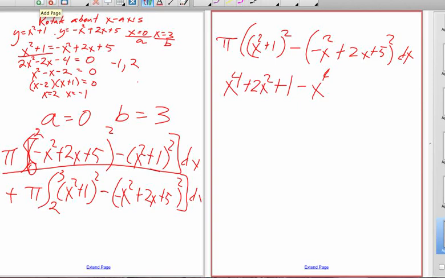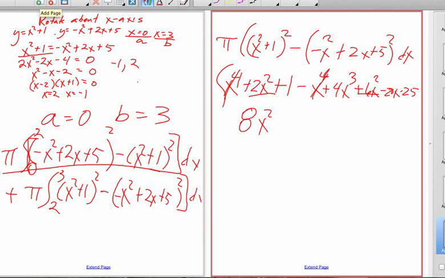I have a plus x to the 4th plus 4x cubed, a minus and a minus, plus 6x squared minus 20x minus 25. And then I'm going to integrate all these things. These things are going to go away. I'm going to combine my like terms, so I'm going to end up with an 8x squared, combining this and this.